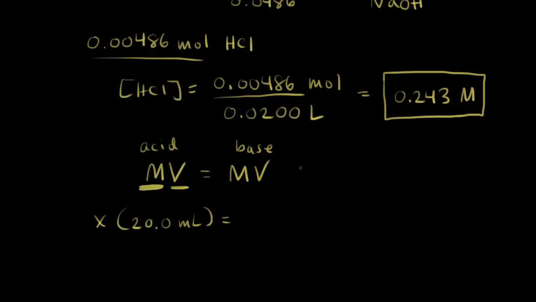And for the base, we knew the concentration of the base that we used in our titration. It was 0.100 molar. And we also knew the volume of base that we used to completely neutralize the acid. We used 48.6 milliliters. And notice how the mLs would cancel out here. And we can just go ahead and do the math and solve for x.